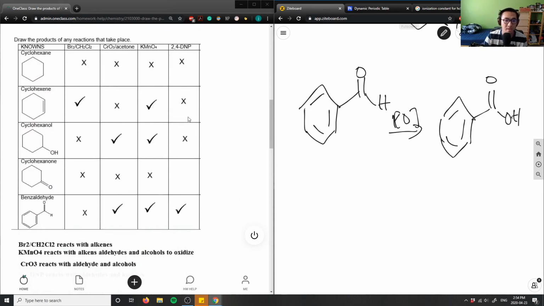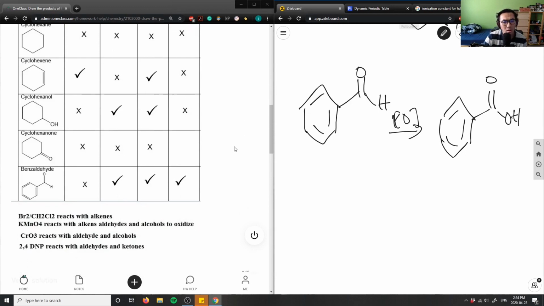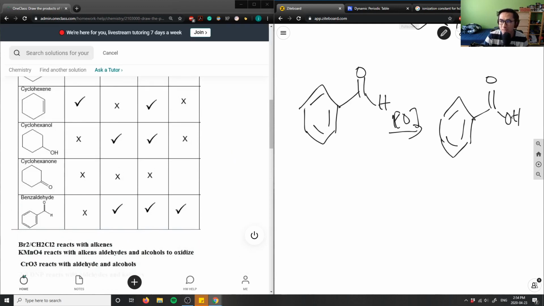So let me look at the answer here. Again, this is correct. I even took it a step further and wrote out the products. There are no reactions for alkanes, like stated before. Br2 will definitely add to the double bond, like Br here and Br here. KMnO4 would react with cyclohexene to oxidize it.